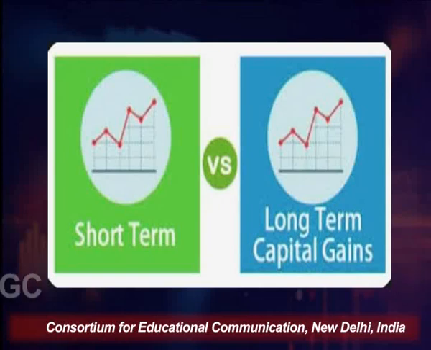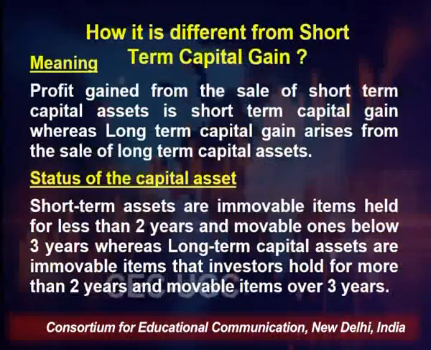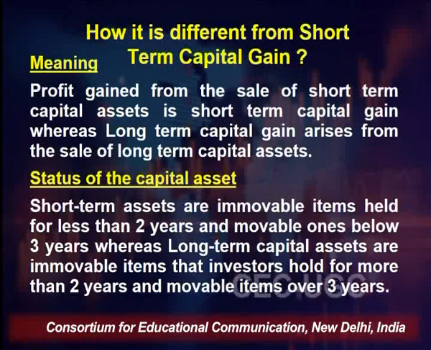So we have a difference between short-term as well as long-term capital gains. So how is it different from the short-term capital gains? The profit gained from the sale of a short-term capital asset is a short-term capital gain, whereas the long-term capital gain arises from the sale of long-term capital assets.